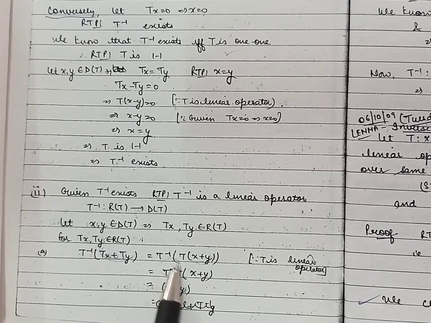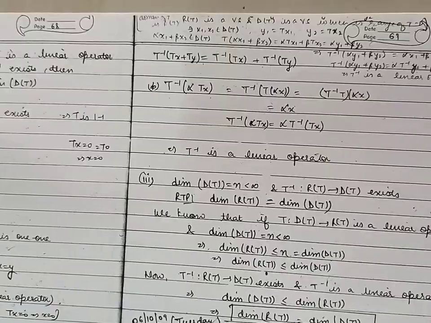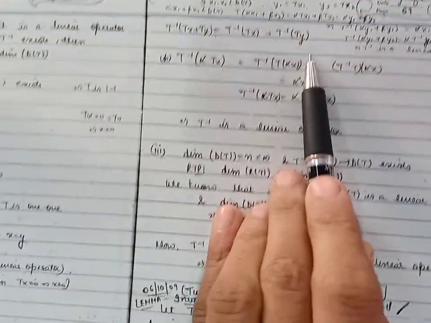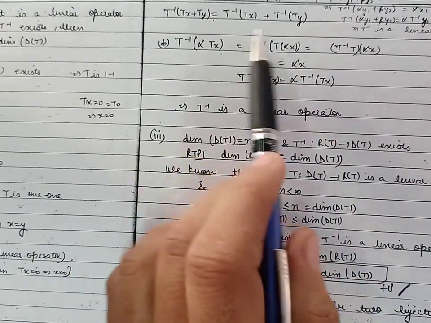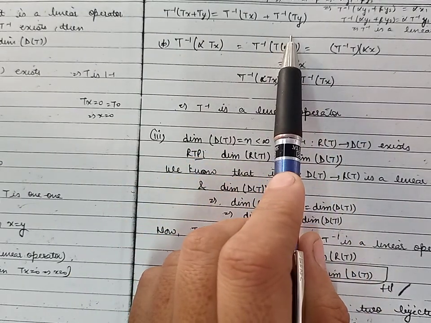T inverse T is identity, so this will become identity of x plus y, that will be x plus y. Substituting the values, x can be written as T inverse Tx and y can be written as T inverse Ty. So this proves the first condition for linear operator.